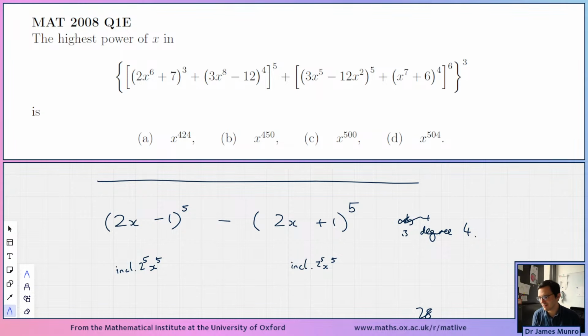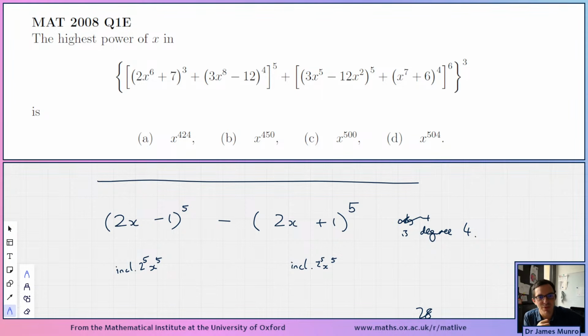Oh, that is just 504. Does it just come from the right hand side every time? 7, 4, 6, 3. 28 times 18. Yep, it is just that.